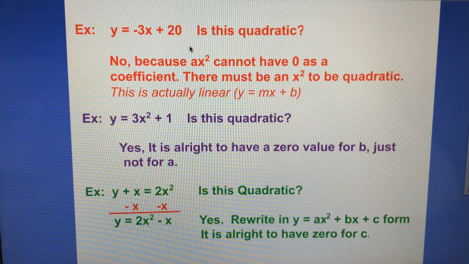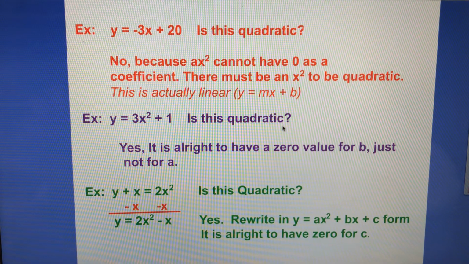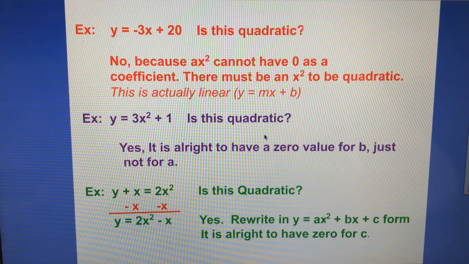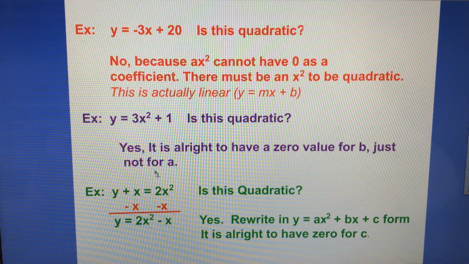This actually is linear, y equals mx plus b. In purple, y equals 3x squared plus 1. Is this quadratic? Yes. It is all right to have a 0 value for b as long as it's not for a. There is my 3x squared.